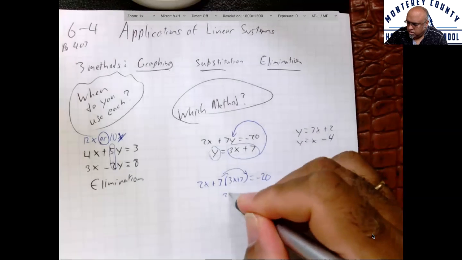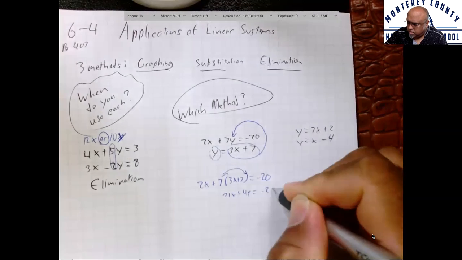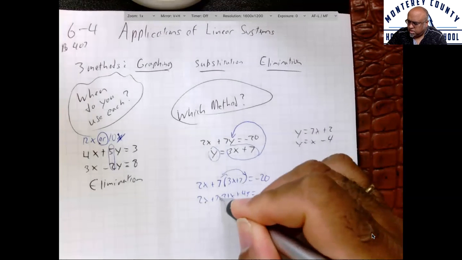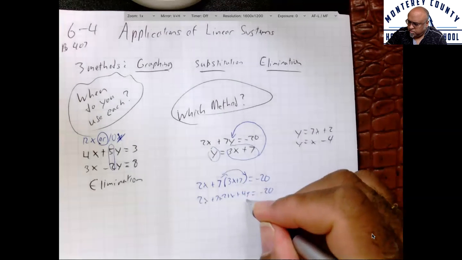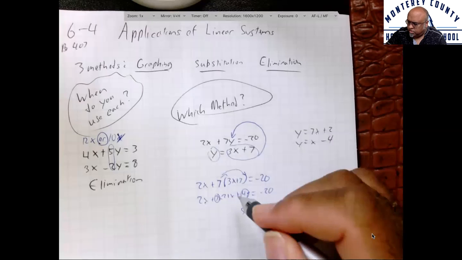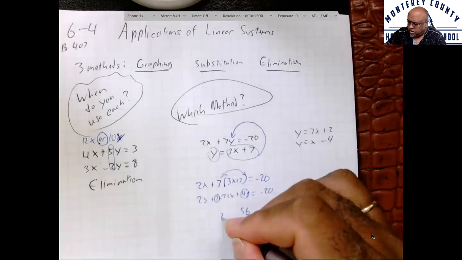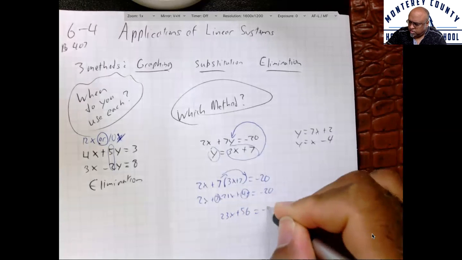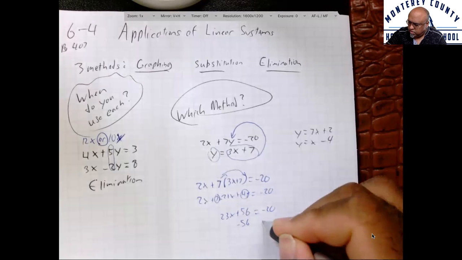But of course, I'll just do it. 2x plus 7 times 3x plus 7 gives 2x plus 21x plus 49 is equal to negative 20. 7 times 7 is 49, so I combine my like terms. 2x plus 21x is 23x plus 49 is equal to negative 20. Subtract 49 from both sides.